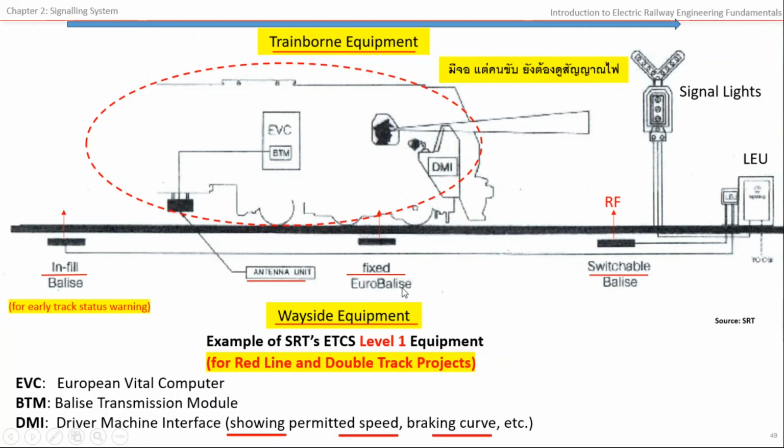This is the fixed balise to send the train information. This is the switchable balise that will send the movement authority to the train by radio frequency signal, and the signal will be picked up here by the antenna installed on the train, and the information will be sent to the onboard computer.